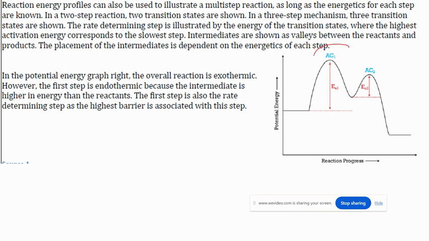The hump that is the highest hump, that is your rate determining step. So find the hump with the highest profile here, and that's going to be your rate determining step. So these valleys right here, these are your intermediates.